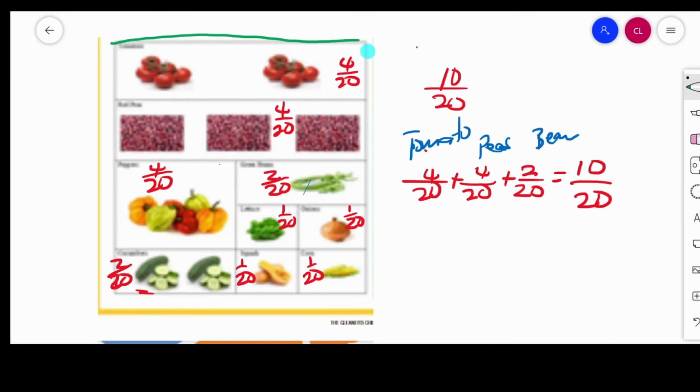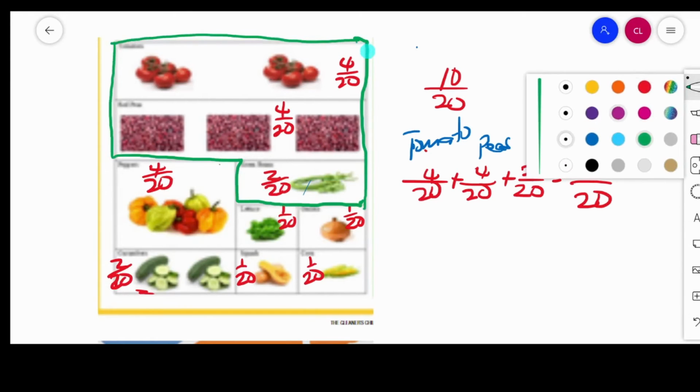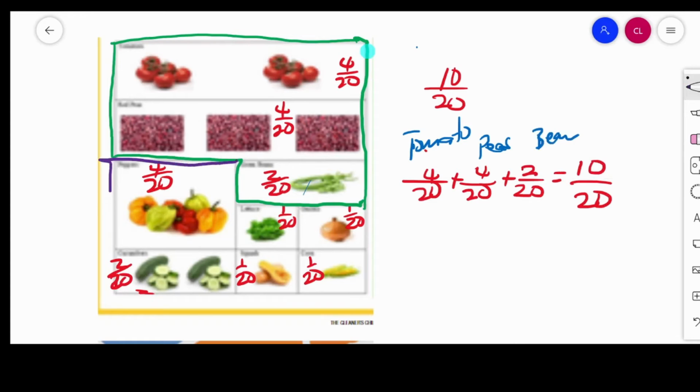We have the tomatoes, we have the peas, and we have the beans. So if all of this is a half of the garden, let's switch colors. Then all of this section would make the other half of the garden.